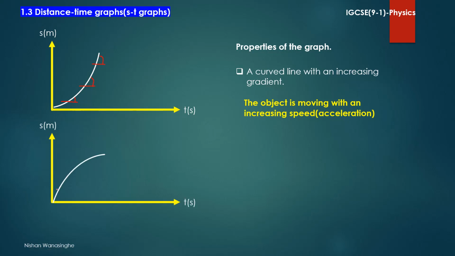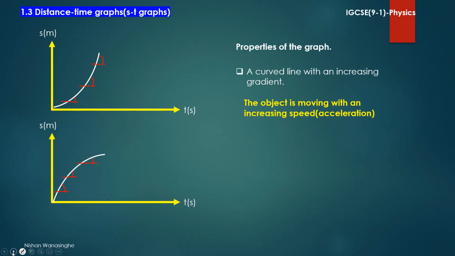Right. This one also has a positive gradient, you can see that. But is the gradient increasing or decreasing? We have to check using these lines. The angle between the graph and this horizontal line, you can see, is decreasing. A decreasing angle means a decreasing gradient.